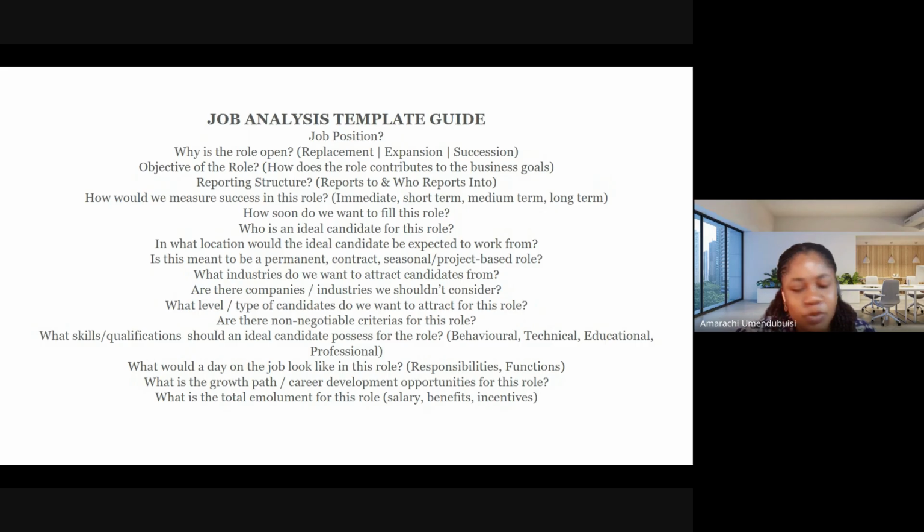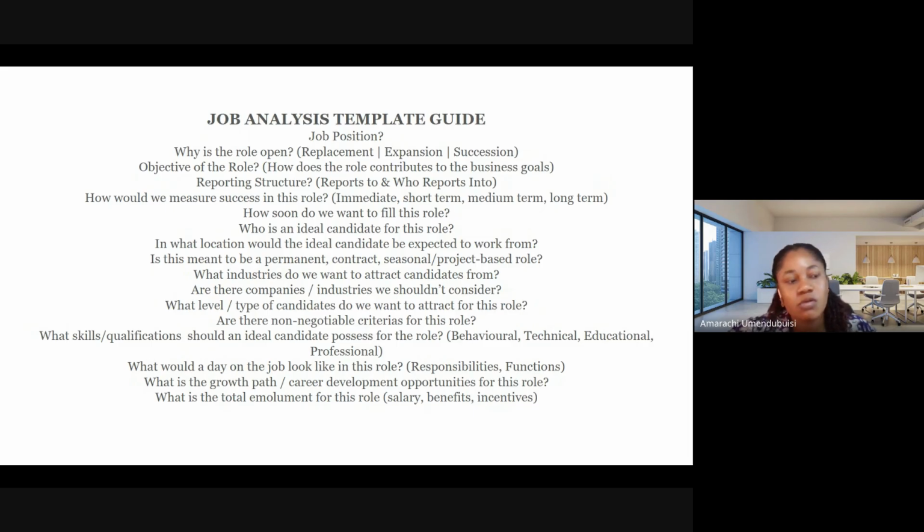Again, if the role is supposed to manage a team of 5 or 15, having this information will also help you to know anybody that I'm getting for this role must have led teams, or must have led in a managerial capacity, where this person has at least managed, let's say, even worst case scenario, a minimum of 3 persons in their team who are reporting to them.